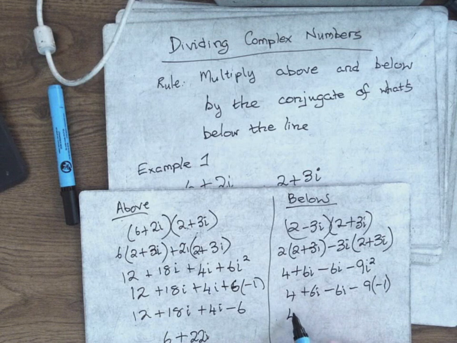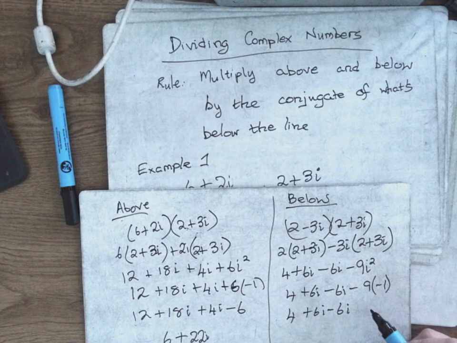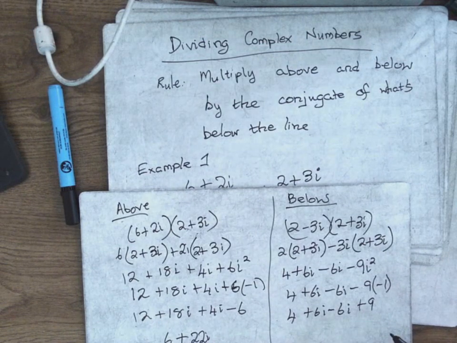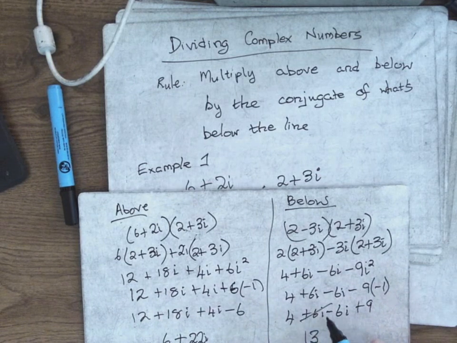So that's 4 plus 6i minus 6i, and a minus by a minus is a plus, and 9 ones are 9. So put your real bits together, your imaginary bits together. Real bits are 4 and 9 makes 13. And what about the imaginary bits? Plus 6 minus 6? Gone. 0i, but don't write 0i, just cross them out.